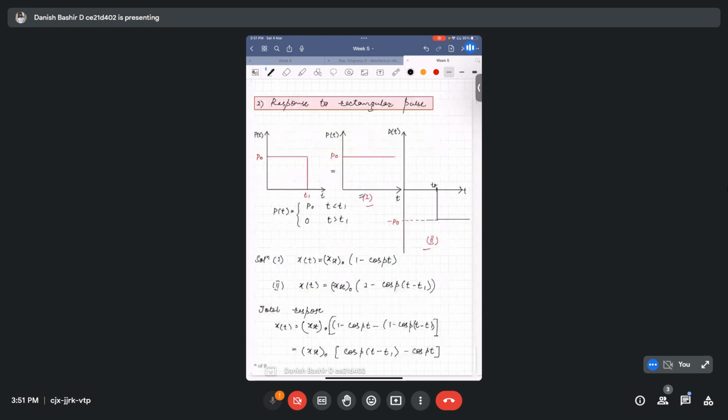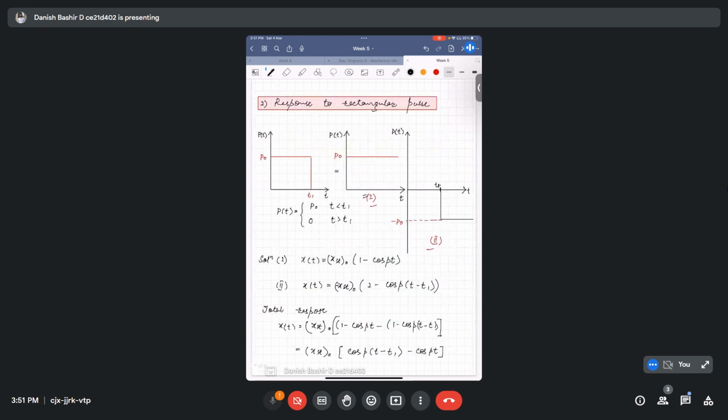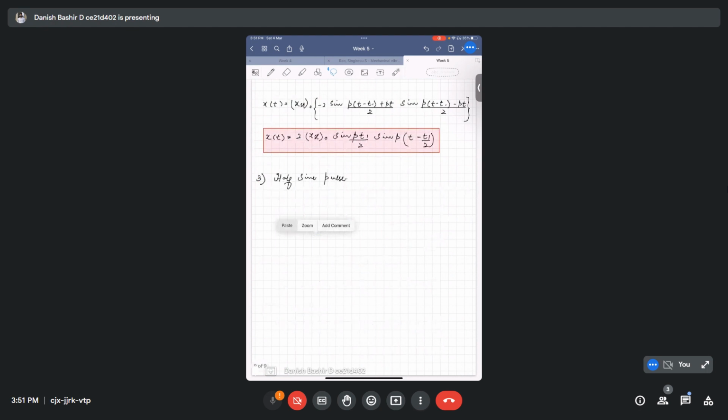The same thing we are having, but now with sine. I have to cut this, delete.